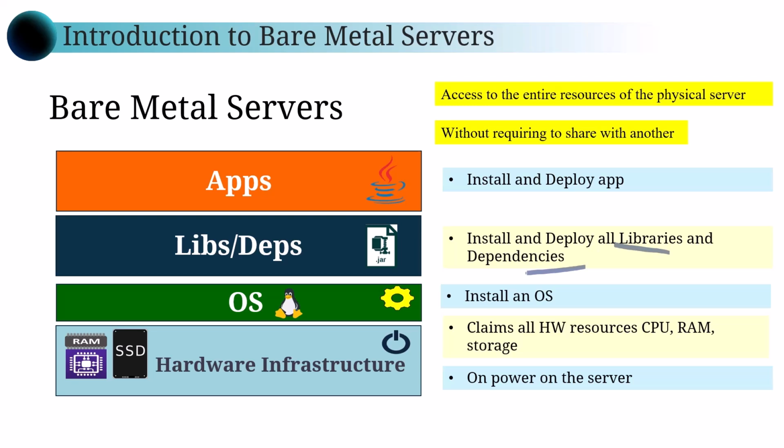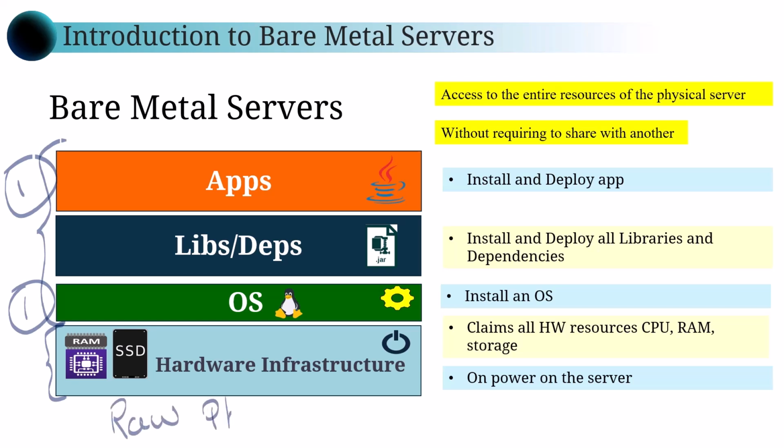Post that, you install and deploy your application. The entire application, libraries, and operating system are installed on a single physical hardware. So you have got one operating system, one application, which is installed on your raw physical server. So this is basically what a bare metal is.